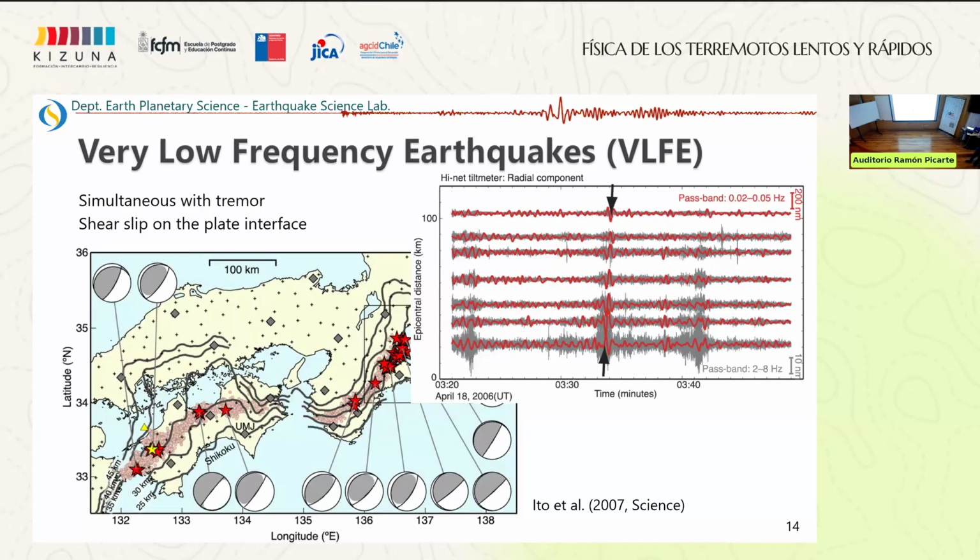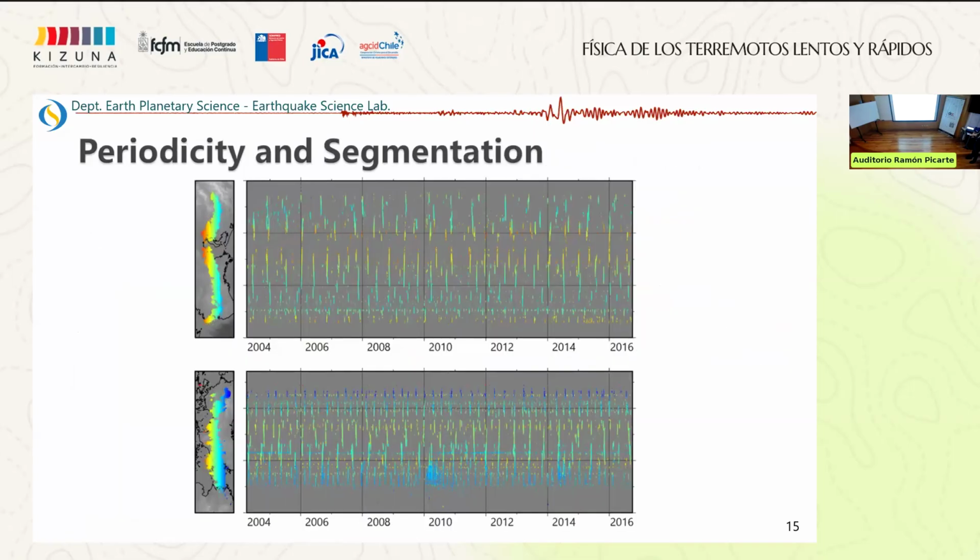So we see at least 3 different phenomena simultaneously. One is seismic, high frequency tectonic tremor. And this is the medium scale, very low frequency earthquake, and then very low frequency geodetically observed slow slip events.